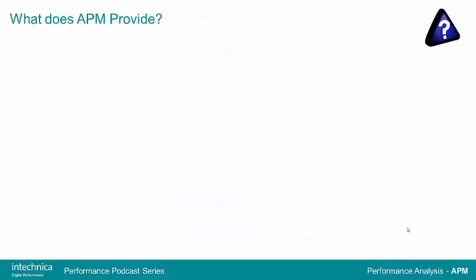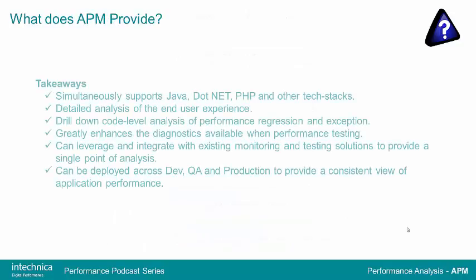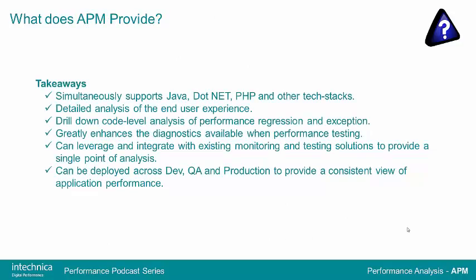So what does APM provide, particularly for performance testing? Well, APM can simultaneously support a whole range of different tech stacks. Applications today are typically complex, highly distributed. With APM, you can generally monitor your entire application deployment from a single toolset.